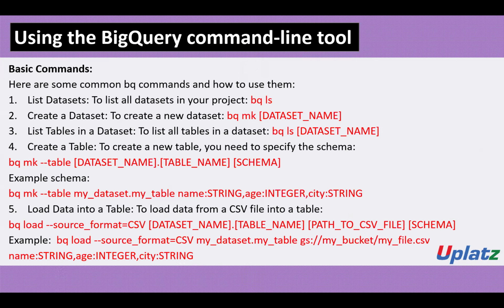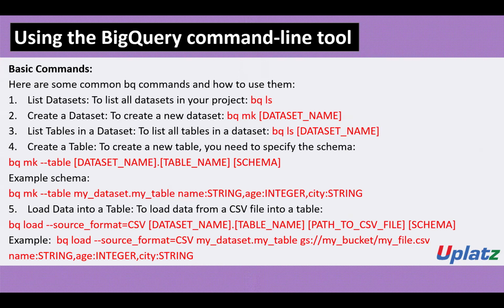So here are some common BigQuery commands and how to use them. If you want to list all the datasets in your project, you just have to execute the command bq ls. It is going to show you the list of all the datasets present in your project.